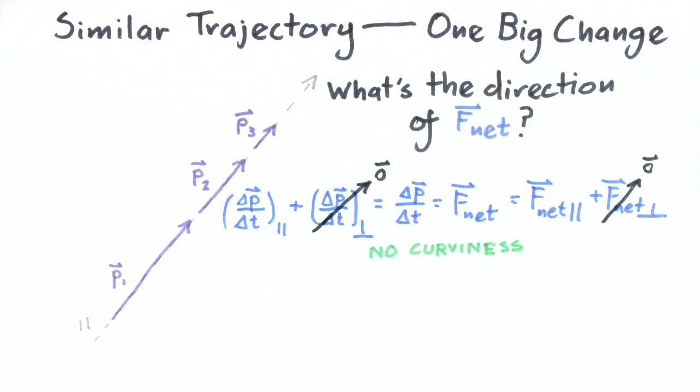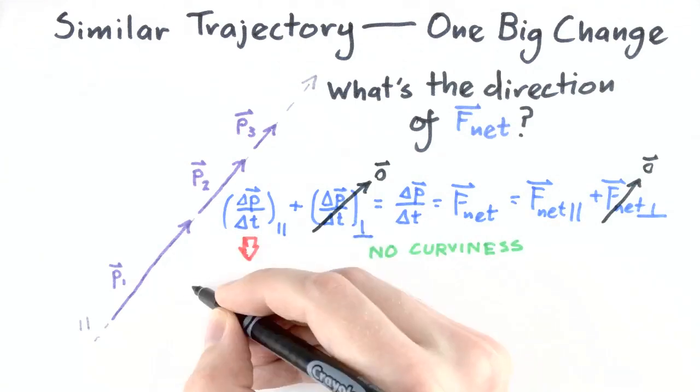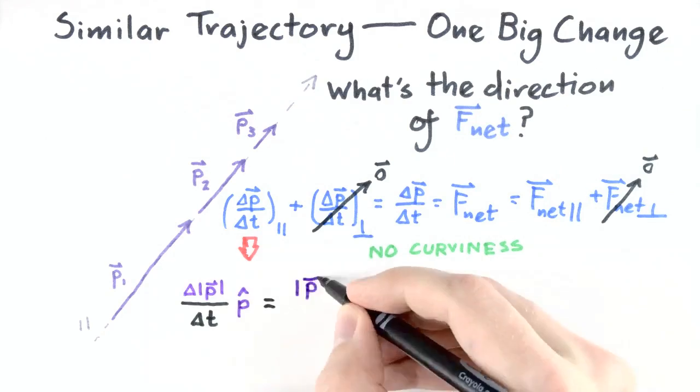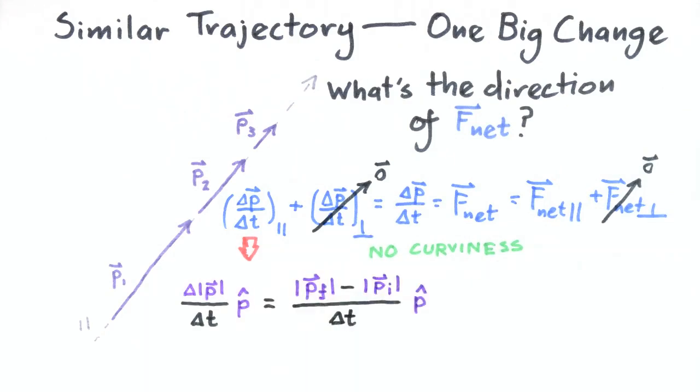For the parallel direction, if you follow the same steps we outlined earlier in the lecture, delta magnitude of p over delta t is negative, so that delta p over delta t parallel points opposite to the direction the object is moving. And therefore, by Newton's second law, so must F net parallel. And since F net perpendicular is 0, F net is equal to F net parallel, and so must also point opposite to the direction of motion in this particular case.